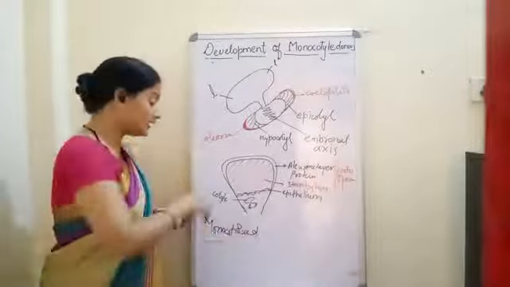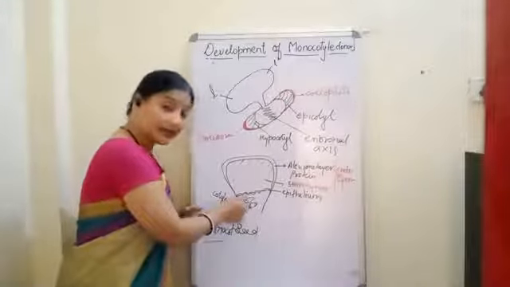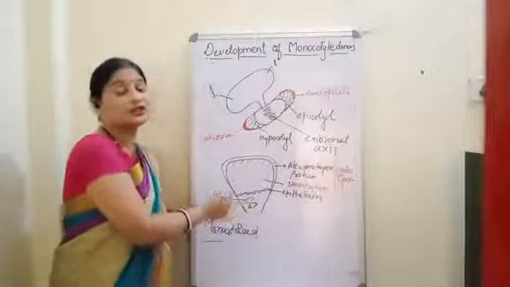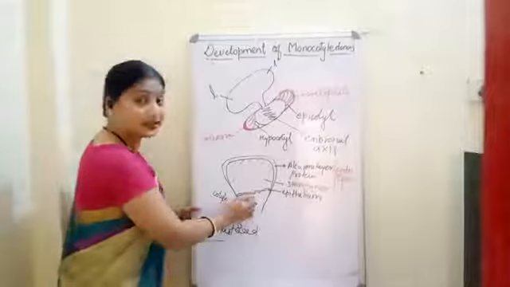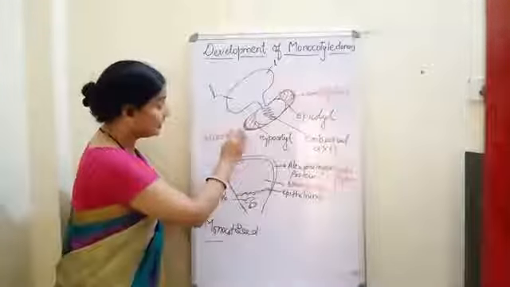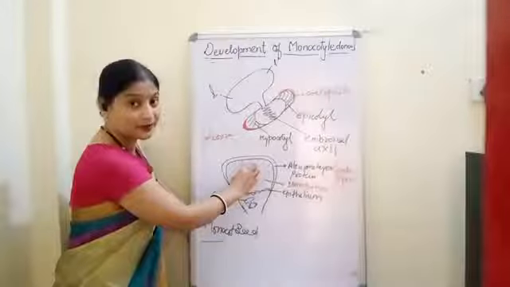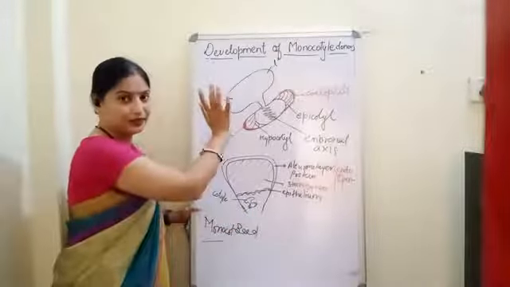Or why are we calling it a cotyledon if it is not providing any nourishment at this level? Because the main function of the cotyledon is to provide nourishment. But at this level, the cotyledon is not giving any nourishment, because the embryo is getting nourishment from the endosperm.